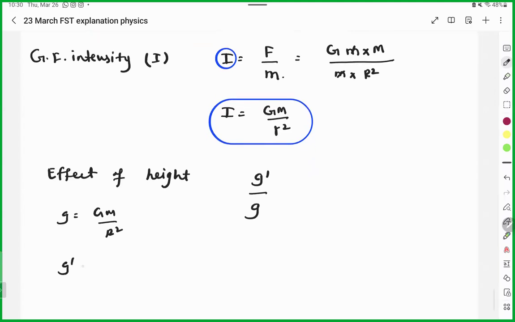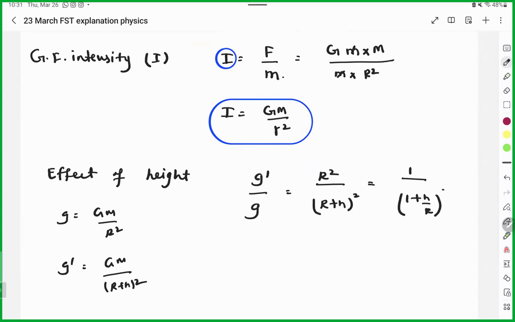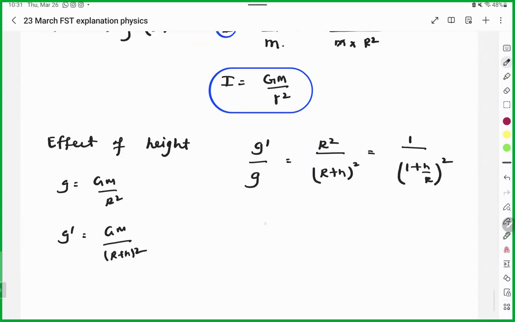New gravity at some height will be GM by (r plus h) whole square. So inversely proportional, it will be r square by (r plus h) whole square. If you take LCM r square and cancel it out, it will be (1 plus h by r) whole square to the power minus 2. And if you calculate overall, g dash value will be g into (1 minus 2h by r). Done.